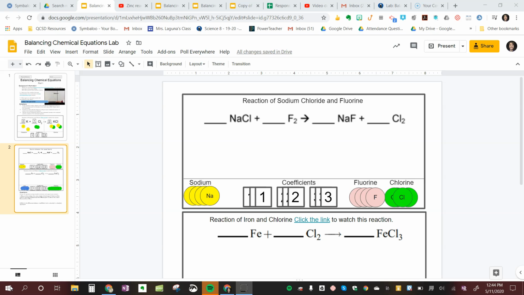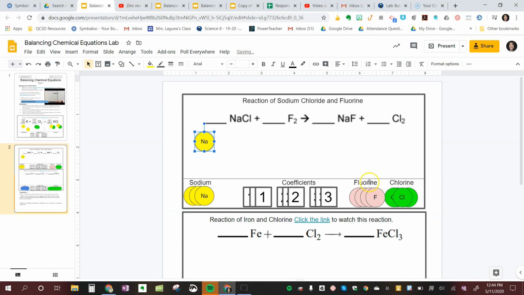The next equation is the reaction of sodium chloride and fluorine to make 2 new products, sodium fluoride and chlorine. First, we model sodium chloride, and then we model the fluorine. Now, fluorine is a diatomic element, so we have to put the 2 fluorines connected together.